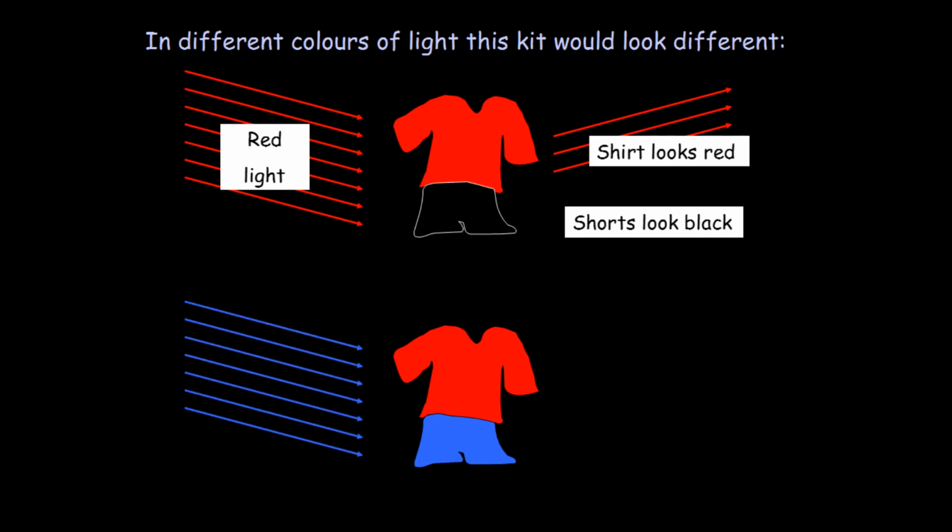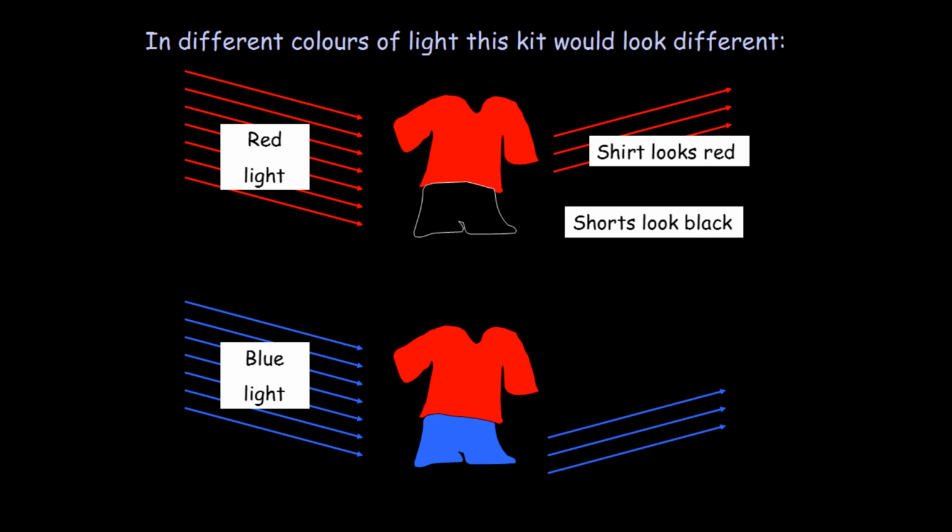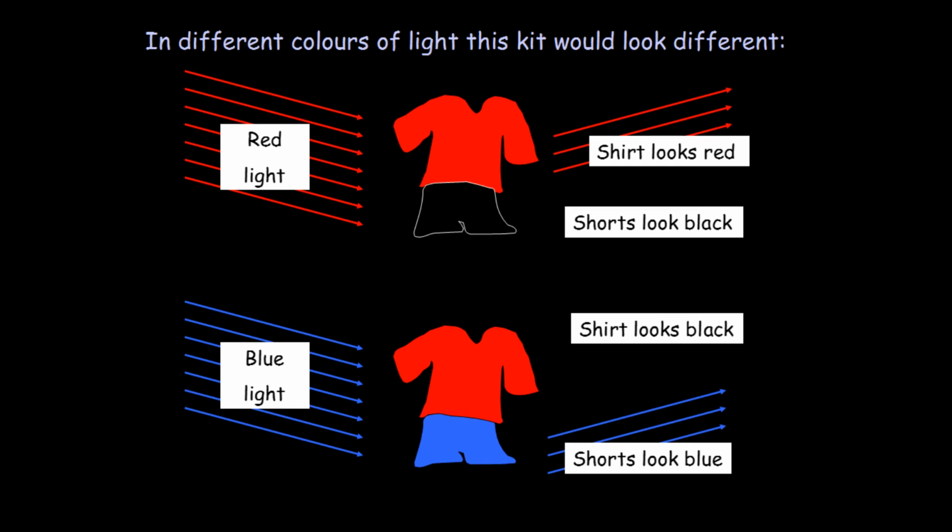Secondly, if we use monochromatic blue light, only the blue part will reflect because the only available light is blue, so the shorts will look blue, while the shirt looks black. This is the final color pattern.